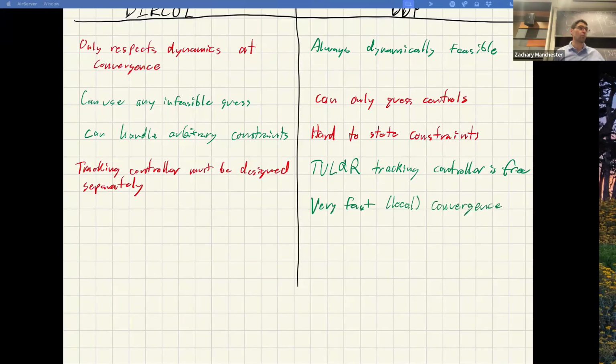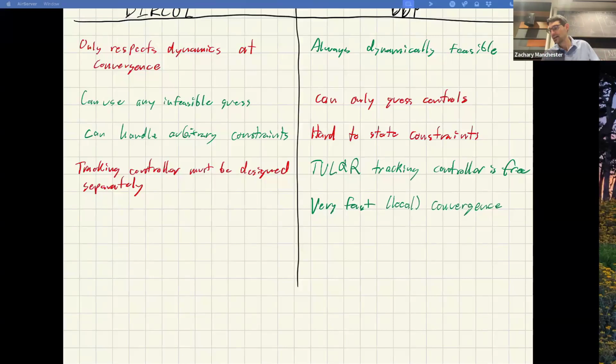As long as you implement it well, DDP tends to be very fast, and actually the rollouts can be a feature or a bug. From a speed perspective, by doing that rollout, you're making sure that whatever's there obeys the physics and is dynamically feasible, as in you can run that on the robot right now, even if it hasn't fully converged. So that can be helpful. It's basically easy to write a fast one.